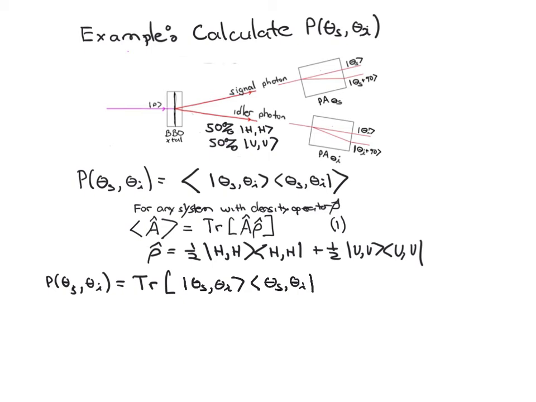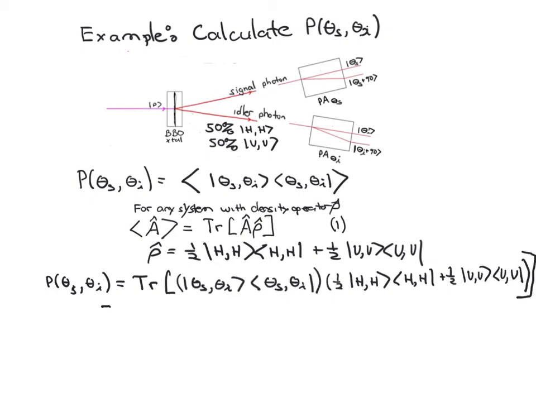That whole thing times the density operator, which is a factor of 1/2 |H,H><H,H| plus 1/2 |V,V><V,V|, like so, and then close the trace.